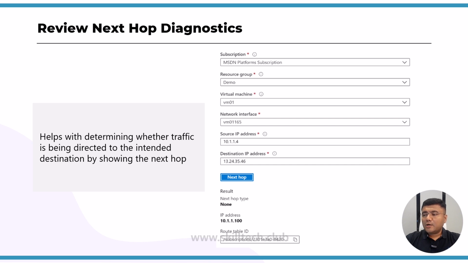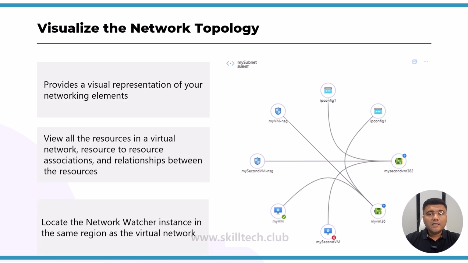After this, when you click on the next hop button, it's going to take the source IP address, focus on the destination IP address, and tell you whether this is reachable or not. This is also very similar to the command line command known as traceroute. If you have tried a traceroute command, this is doing the same kind of thing on the Azure portal.